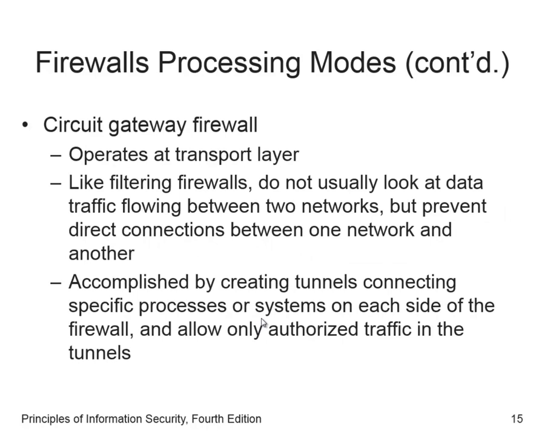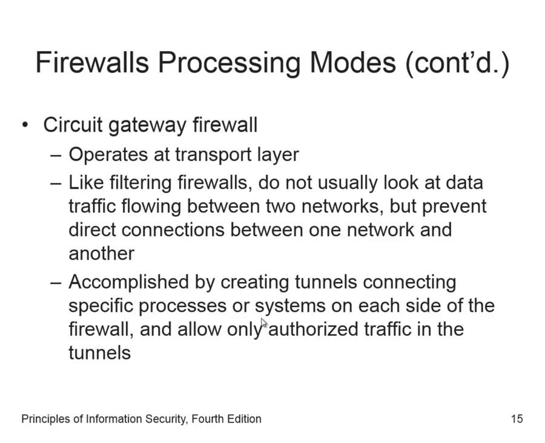The circuit gateway firewall operates at the transport layer. Connections are authorized based on addresses. Like filtering firewalls, circuit gateway firewalls don't usually look at data traffic flowing between one network and another, but they do prevent direct connections between one network and another.